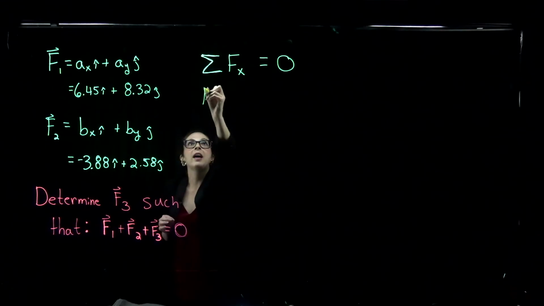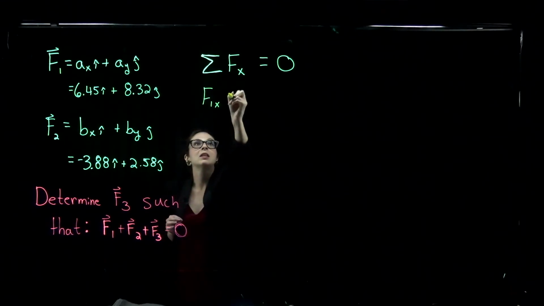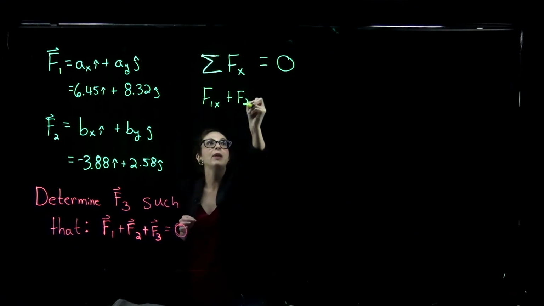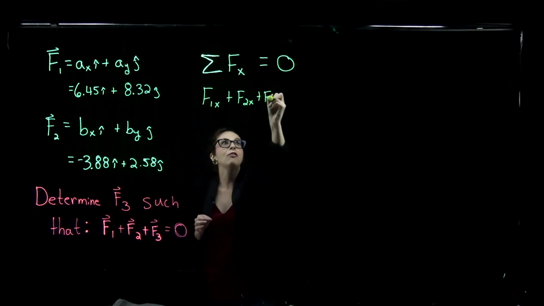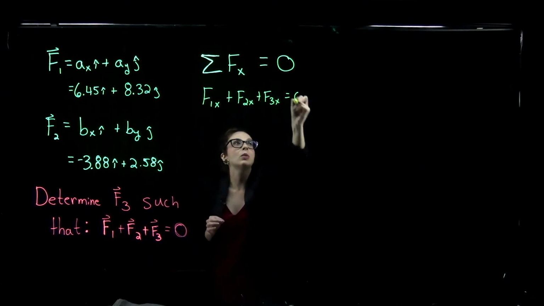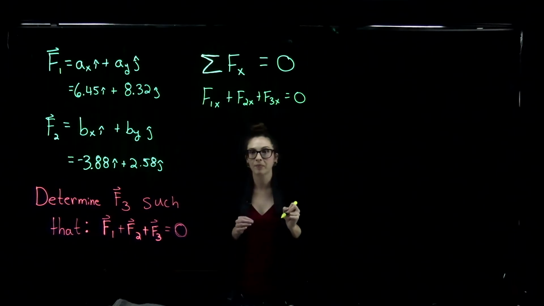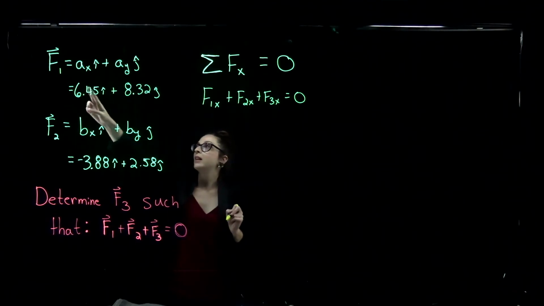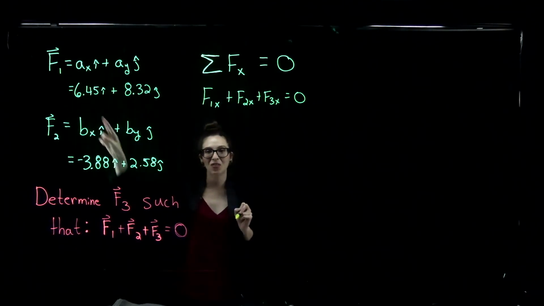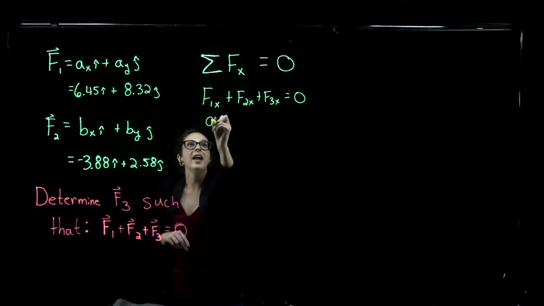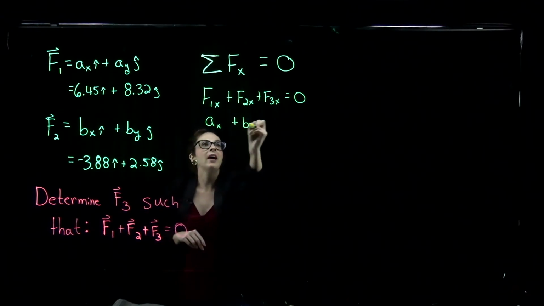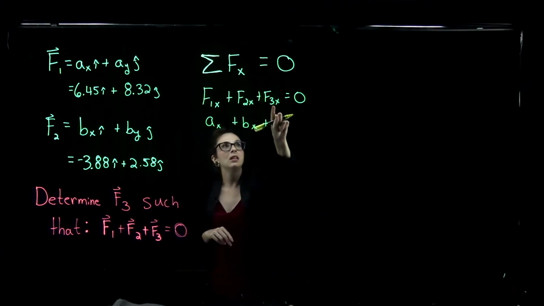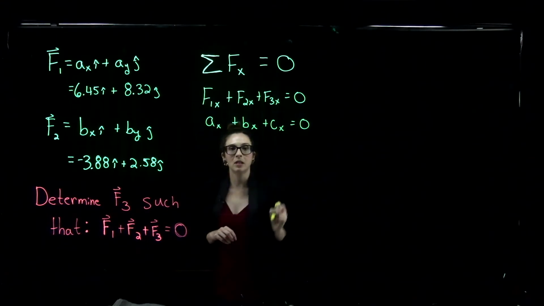That means that F1x plus F2x plus F3x must equal 0. Or if I write it the way that I wrote these vectors here, I would say that AX plus BX plus, let's call the x component of F3 CX, must equal 0.